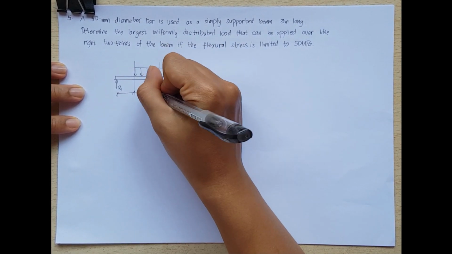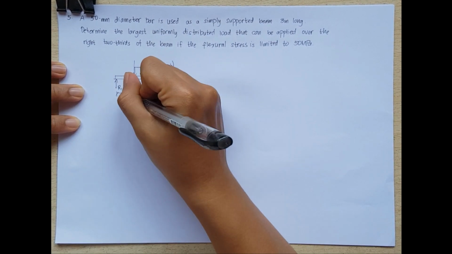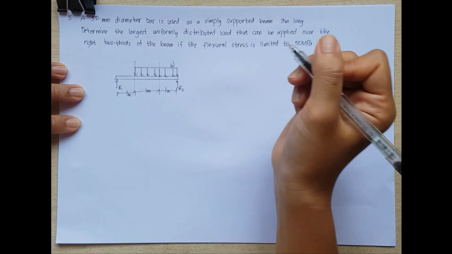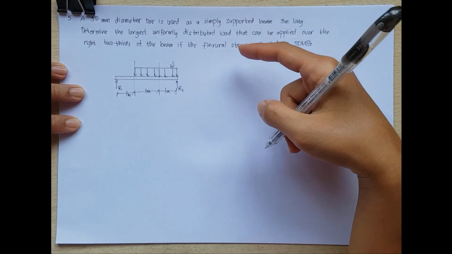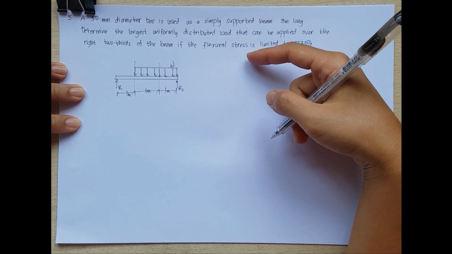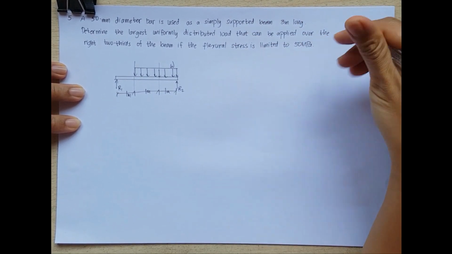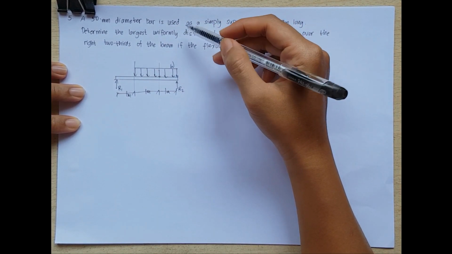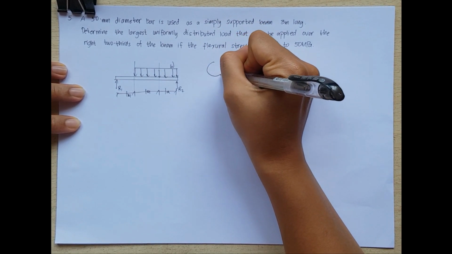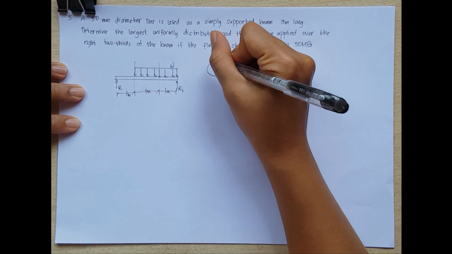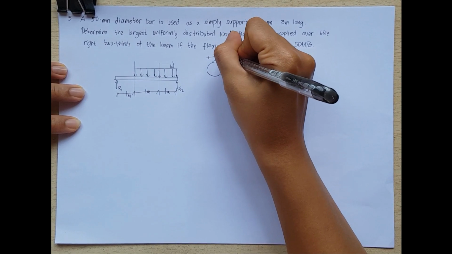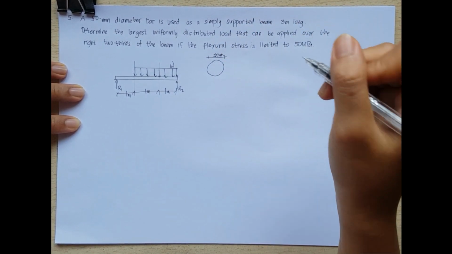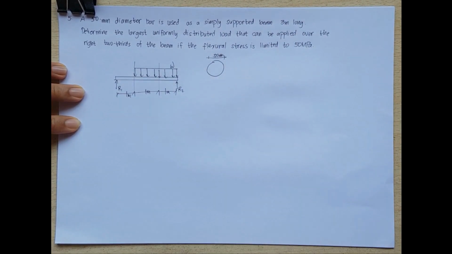So this is 1 meter, 1 meter, and 1 meter. So the cross sectional area of the beam is circular in shape, and it is 50 millimeters in diameter. So this is 50 millimeters.